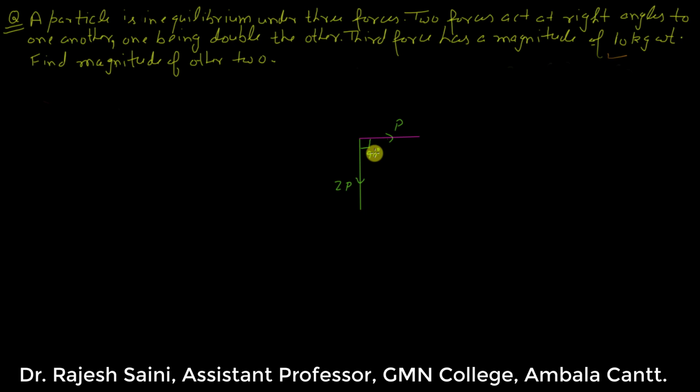But to keep these two forces in equilibrium, the third force must act in the direction opposite to the resultant. If I plot it over here, this would be the direction of the resultant. So the third force cannot be taken in this direction. It has a specific direction, and that direction will be this particular direction.